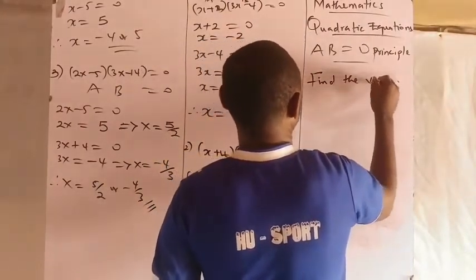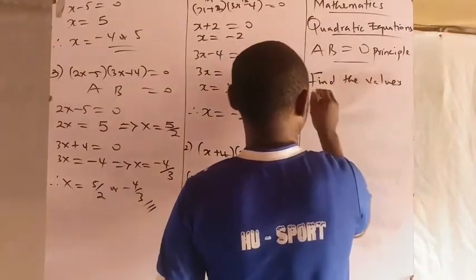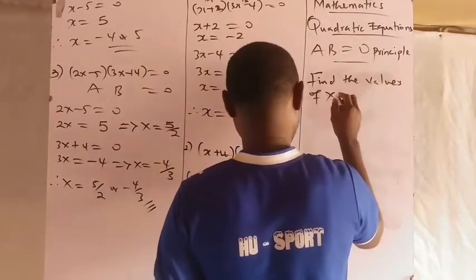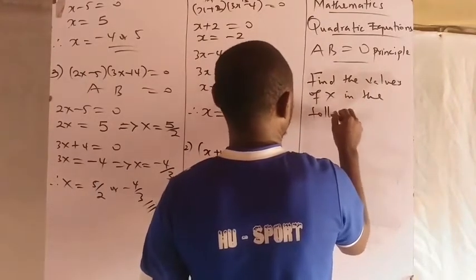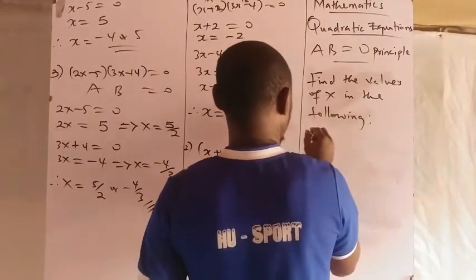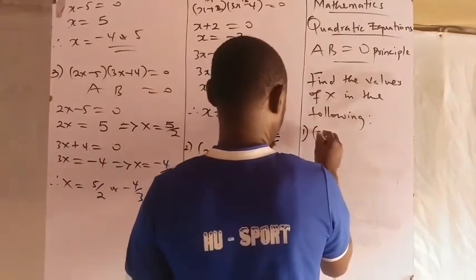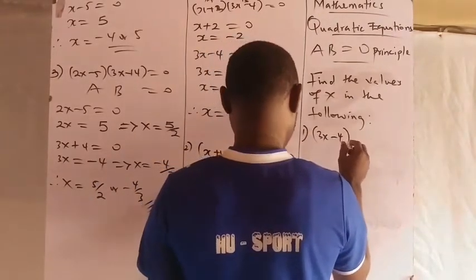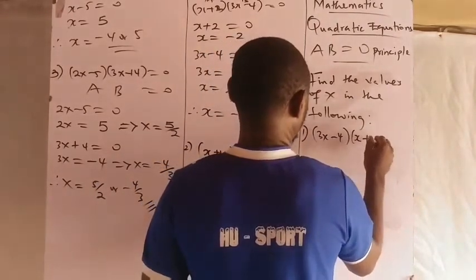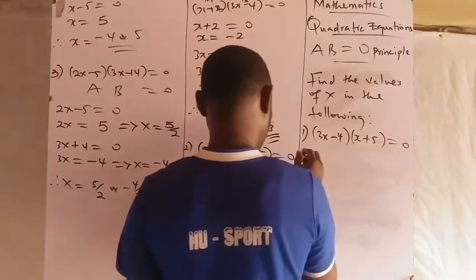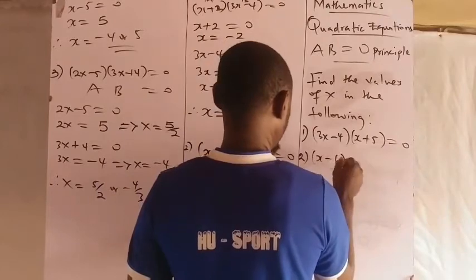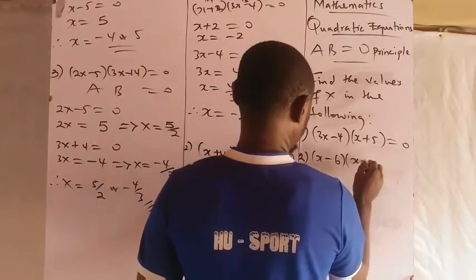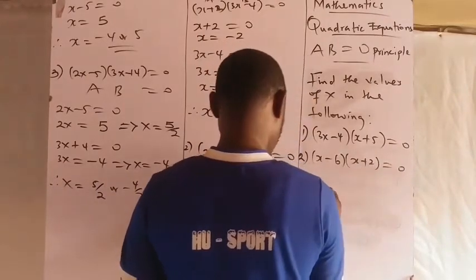Find the values of x in the following. One, you have (3x minus 4)(x plus 5) is equal to 0. Number 2, you have (x minus 6)(x plus 2) is equal to 0.